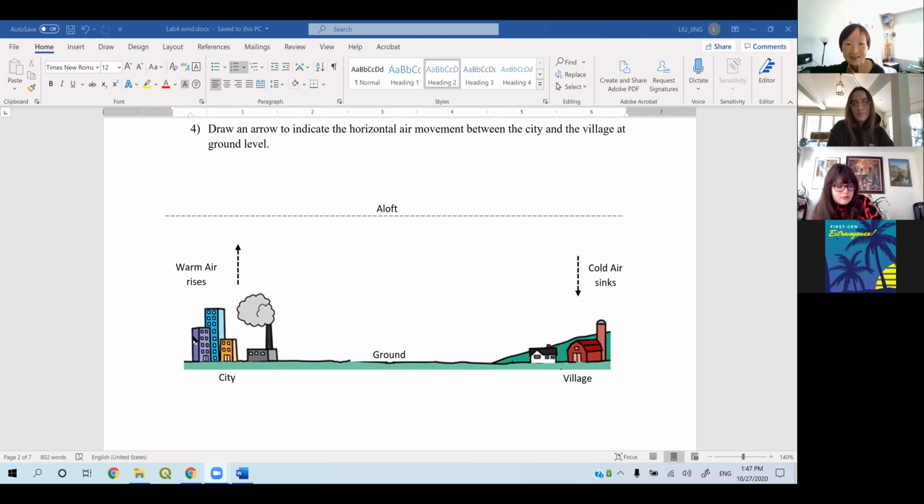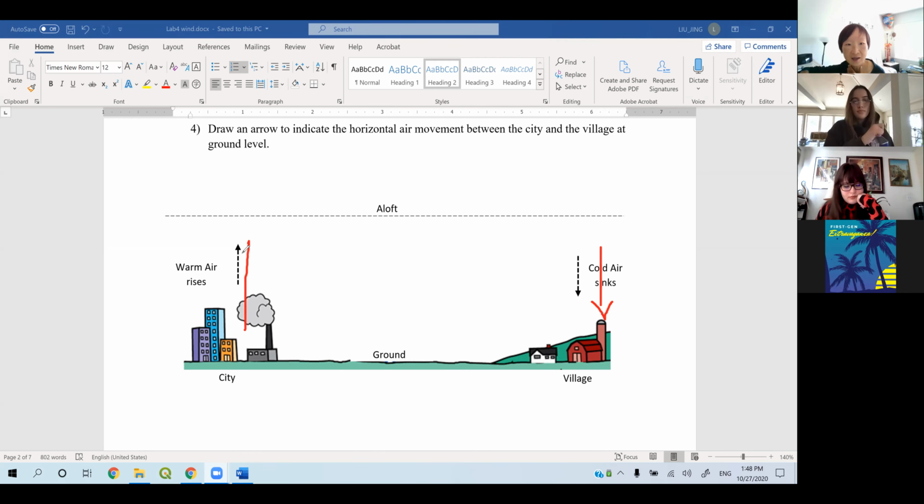Because of the urban heat island, usually over the city the air is warm, so the warm air wants to rise. And cold air wants to sink over the rural area, because they don't have this urban heat island effect.